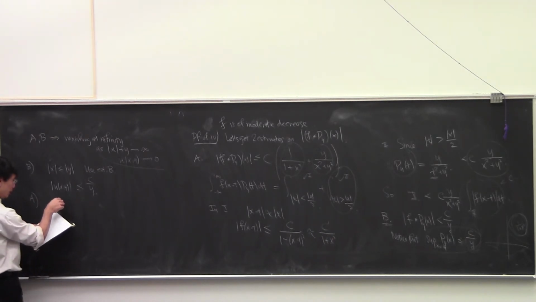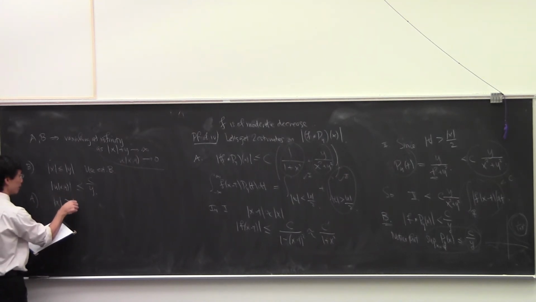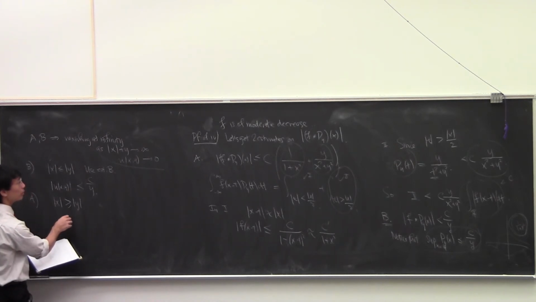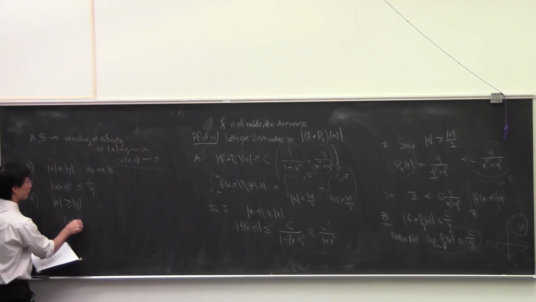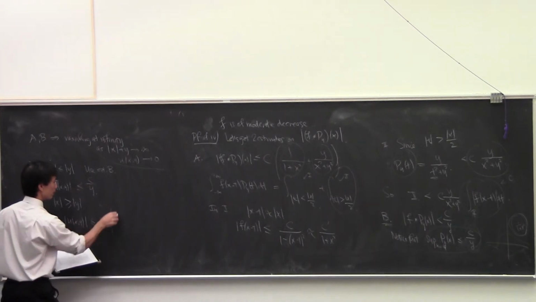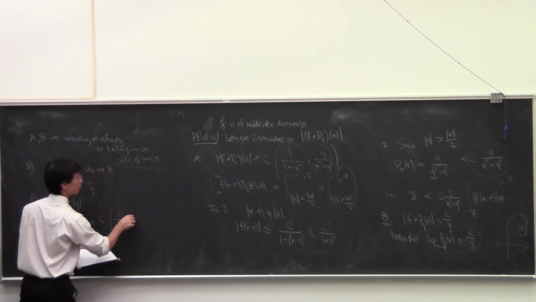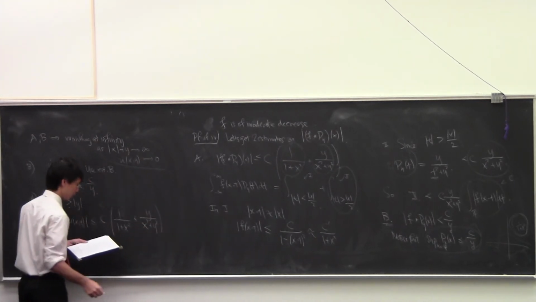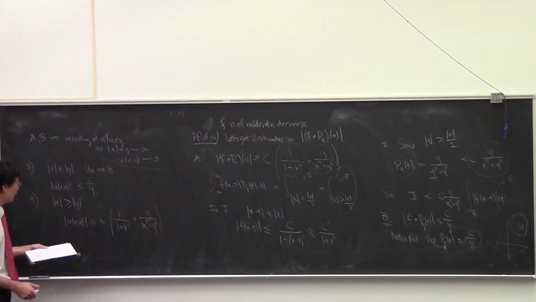And the other case, if x is greater than or equal to y, then u of x, y is controlled by some constant times 1 over 1 plus x squared plus y squared.